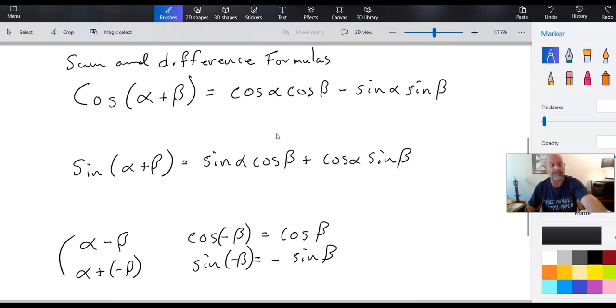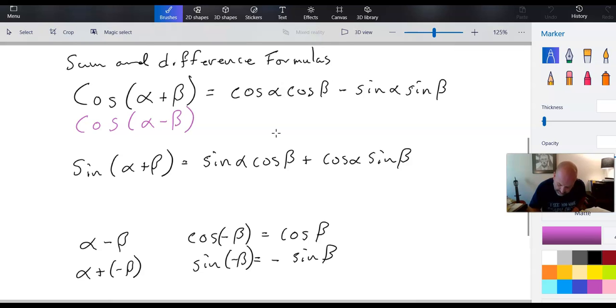Let me back that up, get those off of there, and I'll put it in a different color. Cosine alpha minus beta is going to be cosine alpha cosine beta plus sine alpha sine beta.